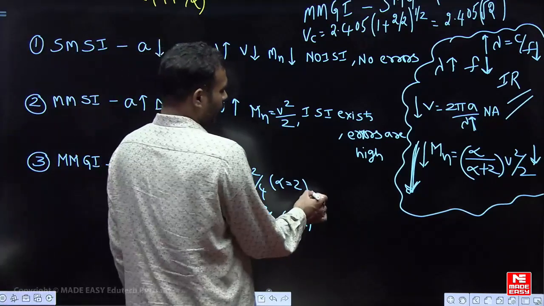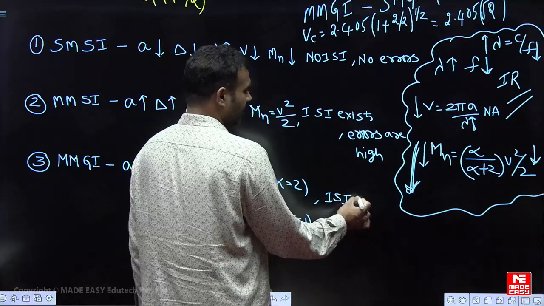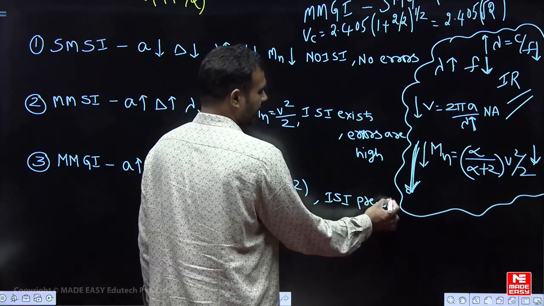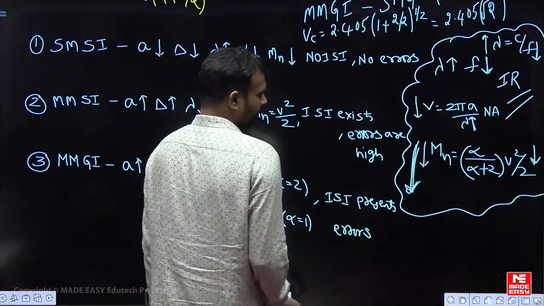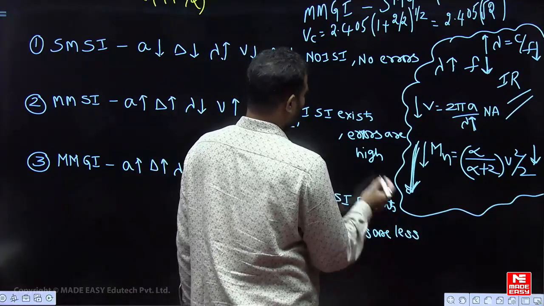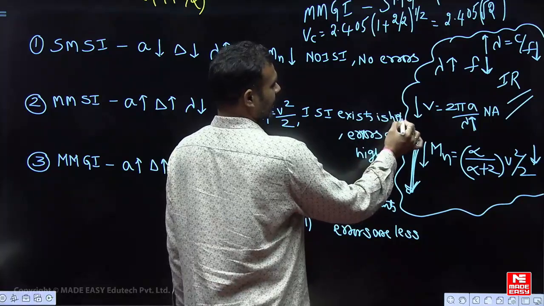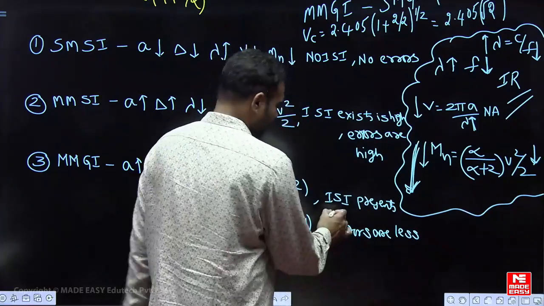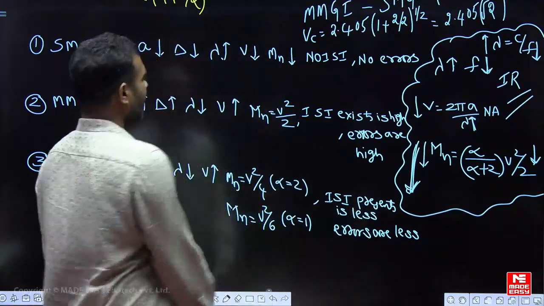Here also there is not uniform velocity, ISI is present, but errors are less. The reason is the amount of dispersion is not high. So errors are less. Here ISI exists but is low, therefore errors are less.